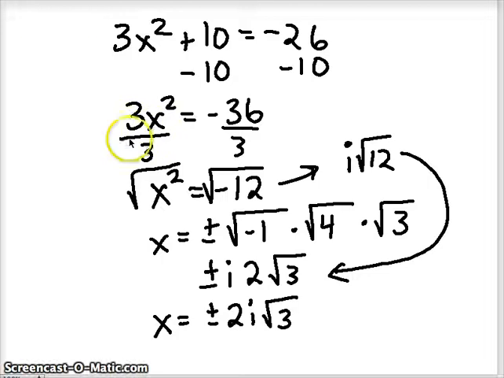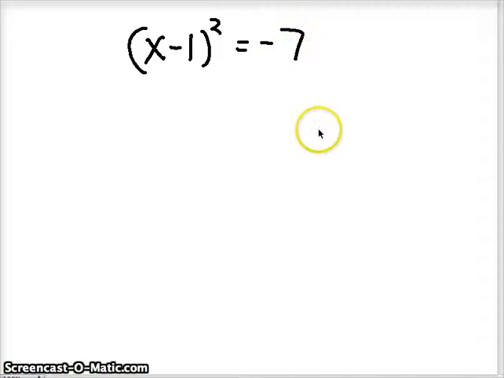This will be our final example here. x minus 1 squared equals negative 7. So here we have a binomial squared. Right off the bat, as long as we have the binomial squared by itself, we can undo that square by square rooting both sides.